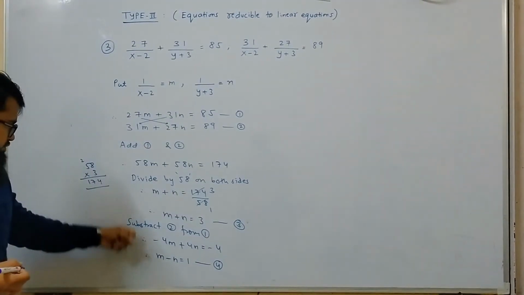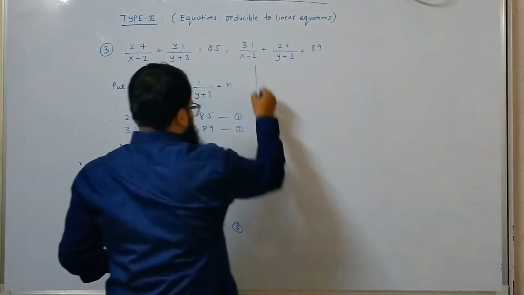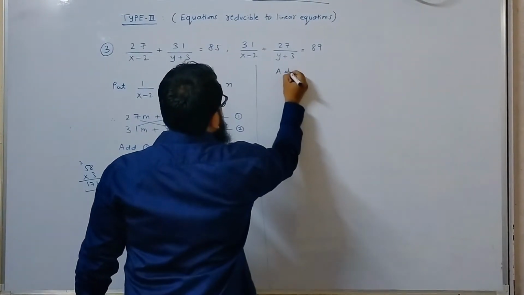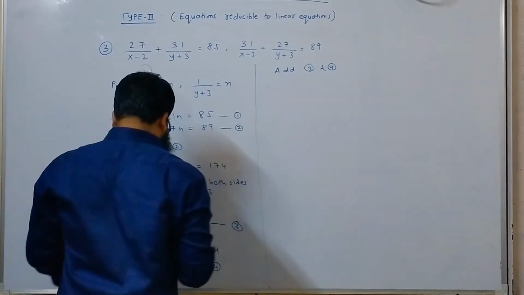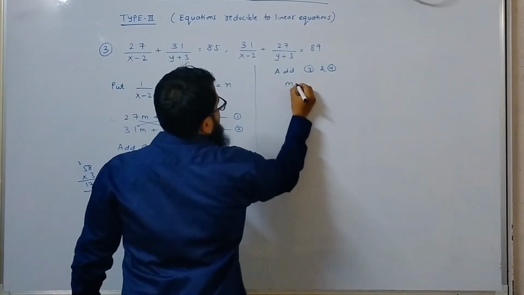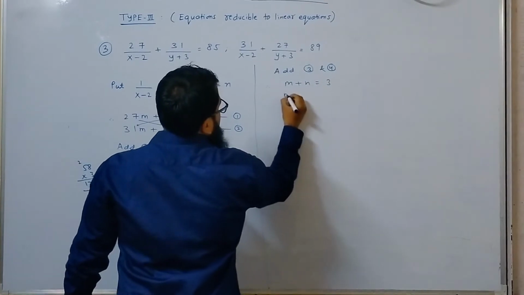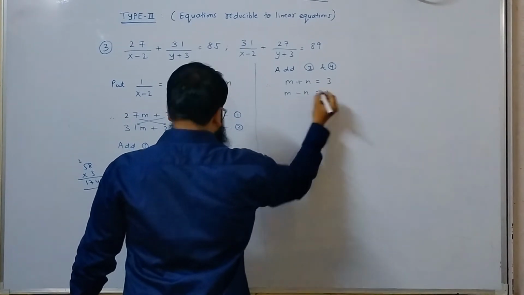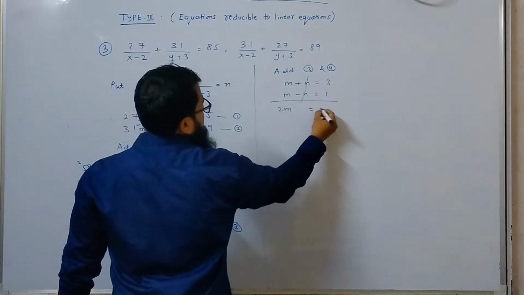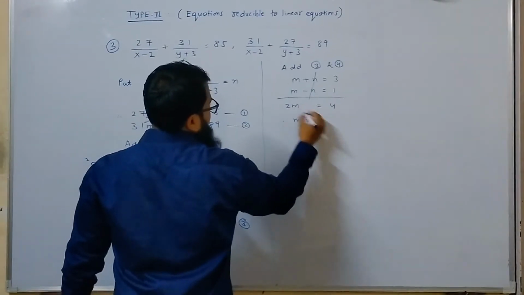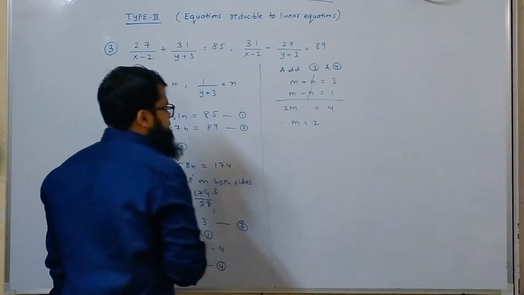Let's add these two equations. Add 3 and 4. Therefore, we will get m plus n equals 3, m minus n equals 1. Adding will give you 2m is equal to 4. Therefore, m is equal to 4 by 2, which is 2. You got m.